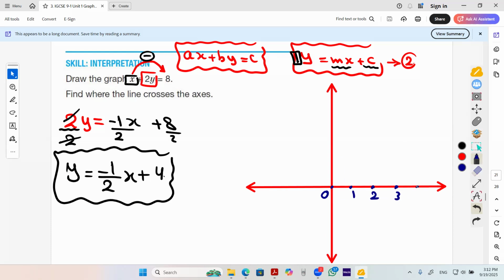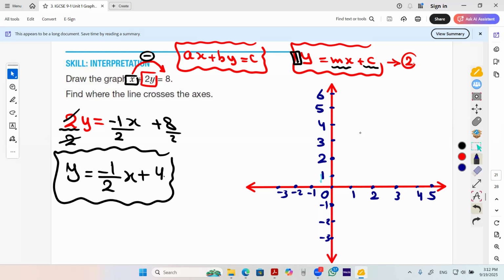Then you mark where the y is, so it's here.